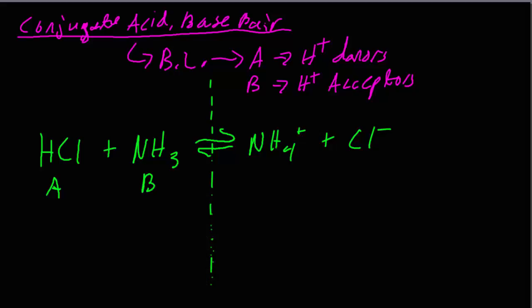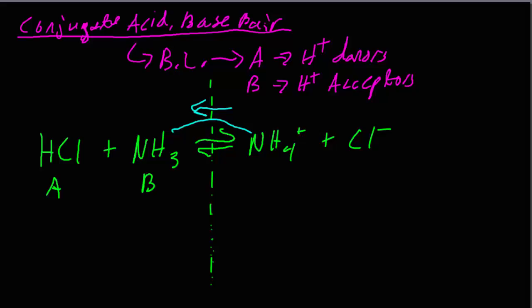So if we look at the other side of the equation, the product side now, and if you imagine this reaction going back the other way, right? Well, this is a little bit unorthodox, but we're going to look at it from right to left here. And if you look from right to left, you see that the NH4 plus had one N and 4 H's, and then if it goes from right to left, it lost its H plus.